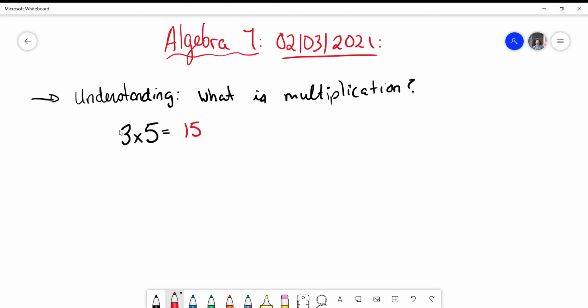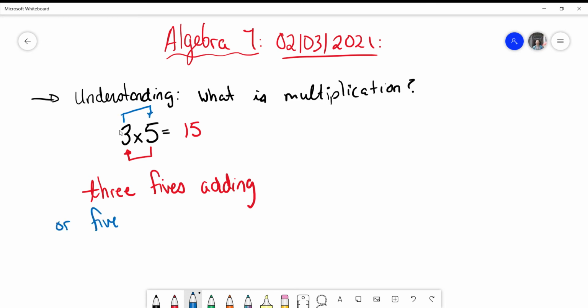What this symbol actually means is that you have 3 5s adding, or conversely, you can have 5 3s added together.